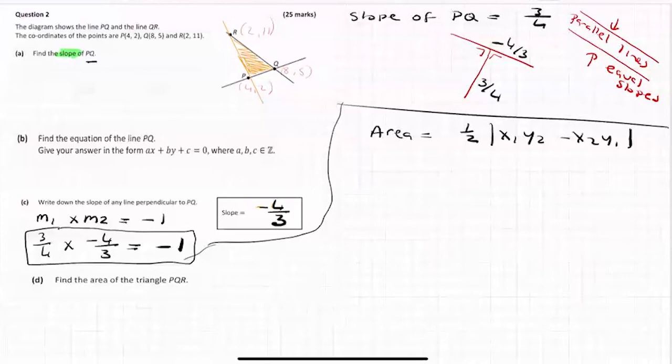So in other words, if you picked PQ, for example, we can see where R is, but there's nothing stopping me forming a triangle like that. And that triangle has a completely different area to PQR.